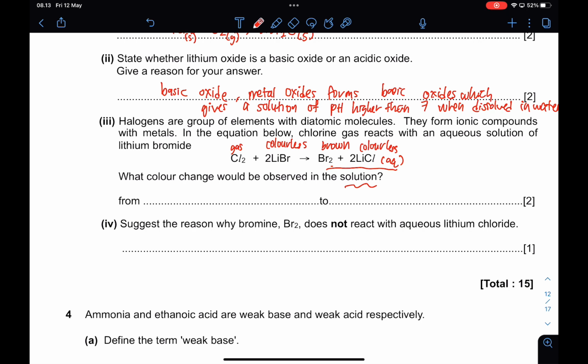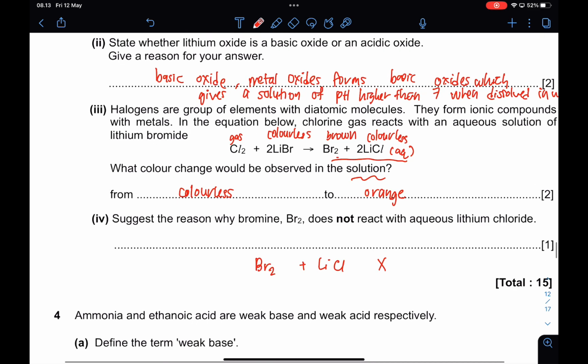So now the entire solution is not going to be colorless. It's going to be brown or orange. So the color change we will observe is from colorless to orange or colorless to brown. You can choose which one you want. Colorless to orange.